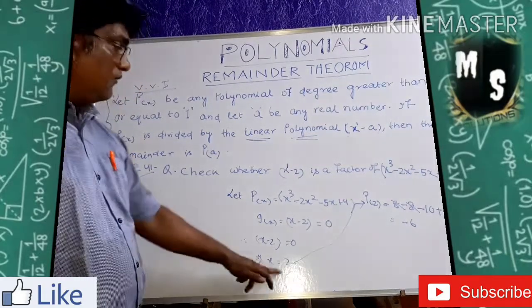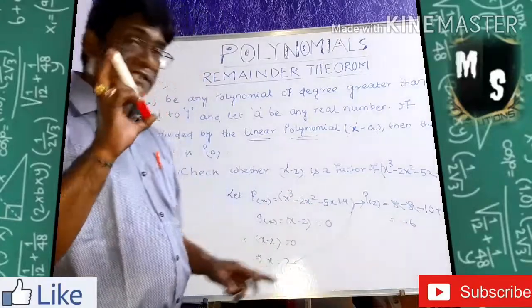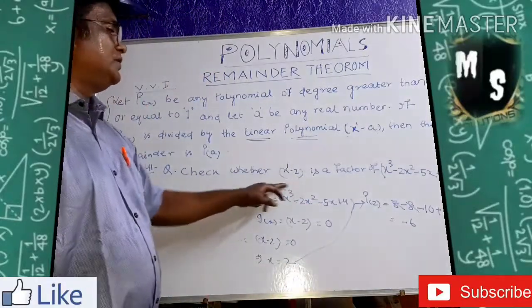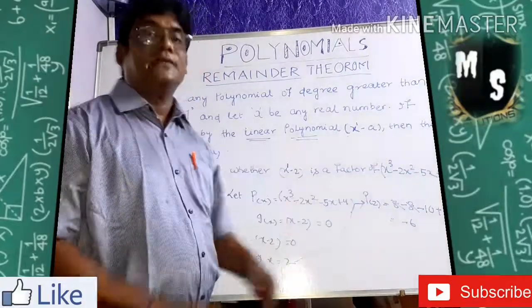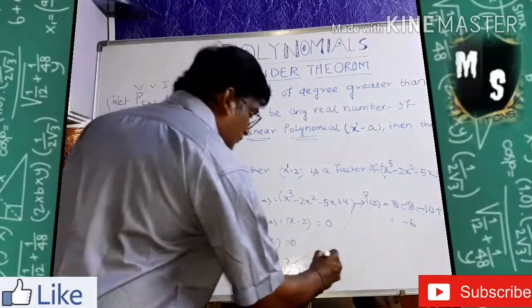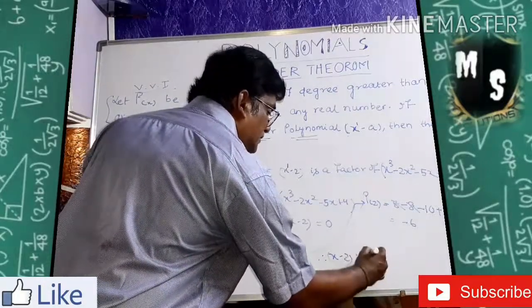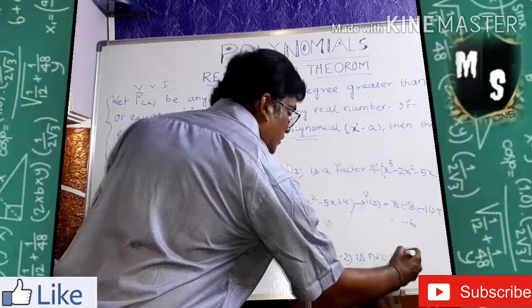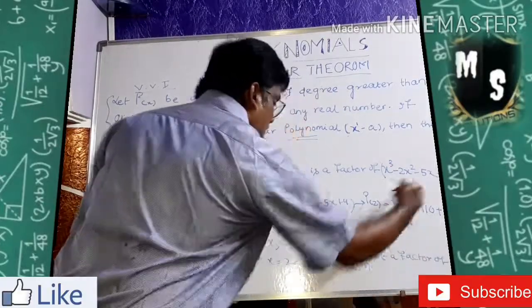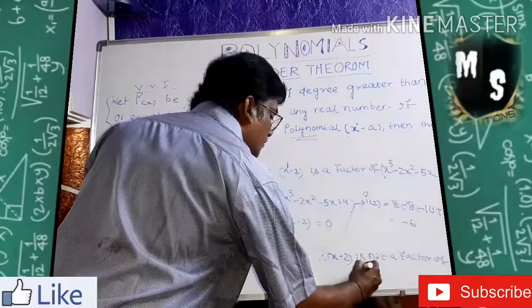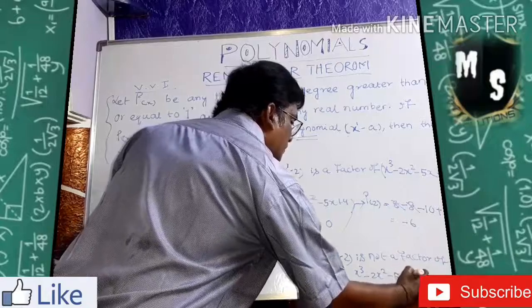After putting the value, what should it come? It should come 0. If it is coming 0, then x minus 2 is a factor of this polynomial. But here it is coming minus 6. Therefore, x minus 2 is not a factor of the polynomial x cube minus 2x square minus 5x plus 4.